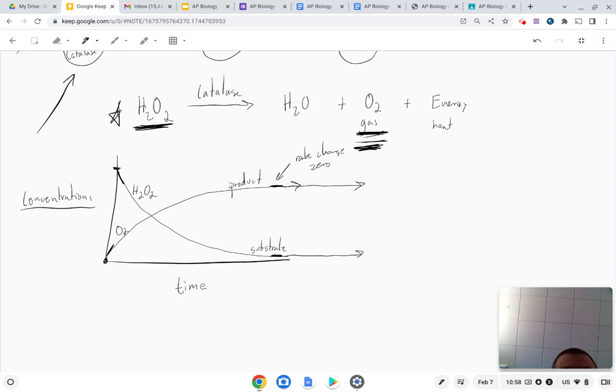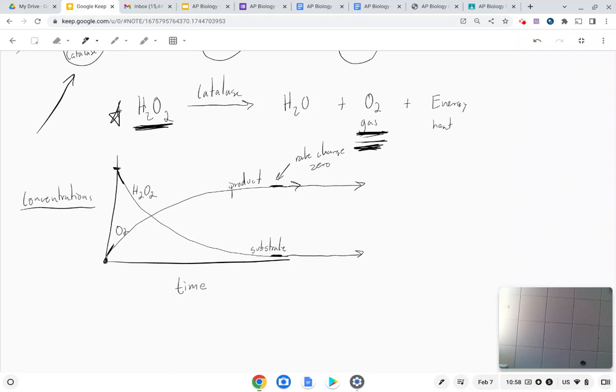The reaction is done. Okay? So that should be what we see tomorrow. We should see the reaction being most violent at the beginning, because the concentrations are the highest, and so the collisions are taking place at a higher frequency at the beginning.